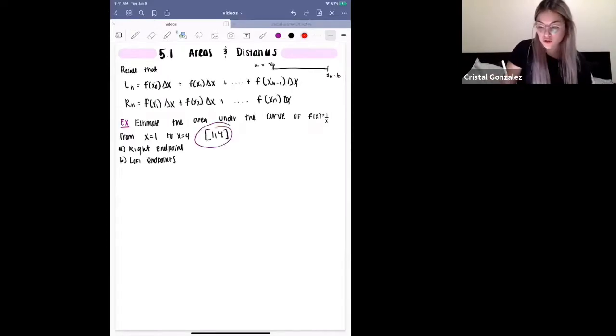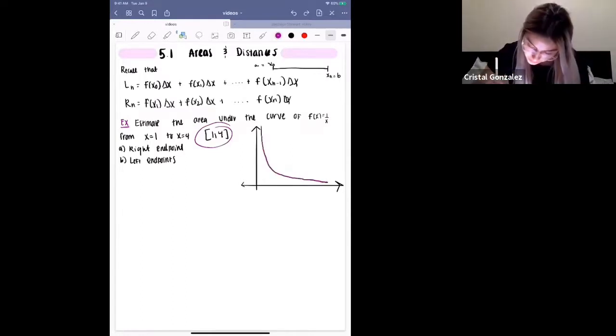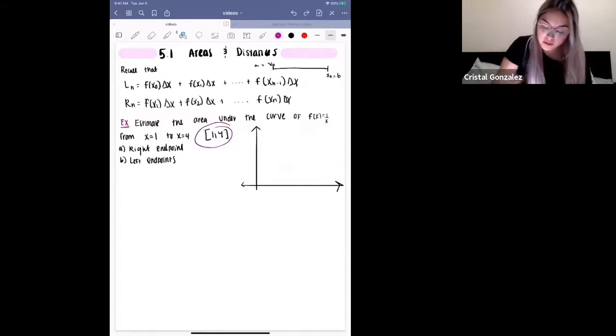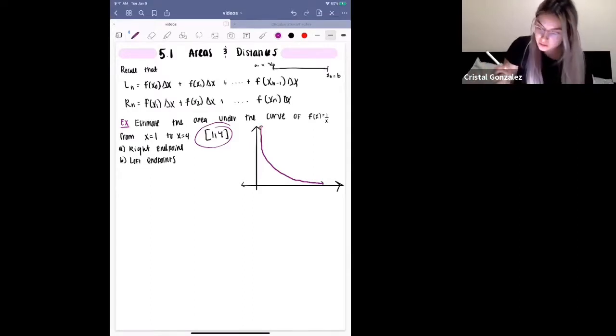So let's draw the graph of this just to get my point across here, but then I'll show you a way where you won't always have to draw the graph of the function. Okay, so this is our graph y equals 1 over x.